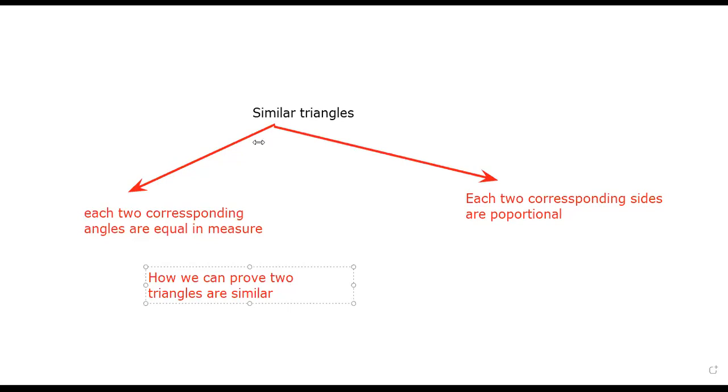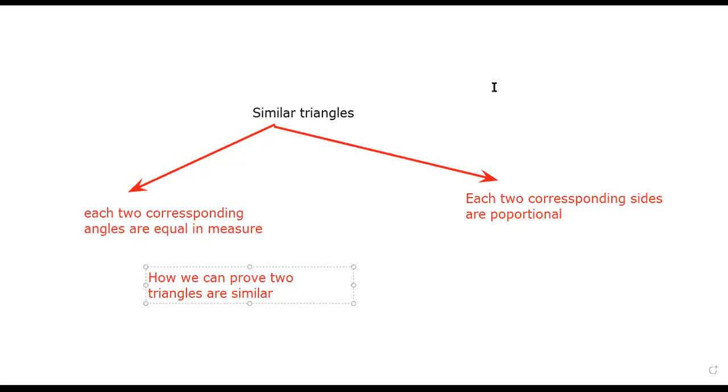Yes, Hana. We have side angle side. What are the conditions to prove that two triangles are similar?